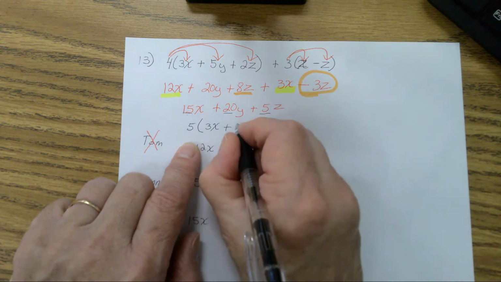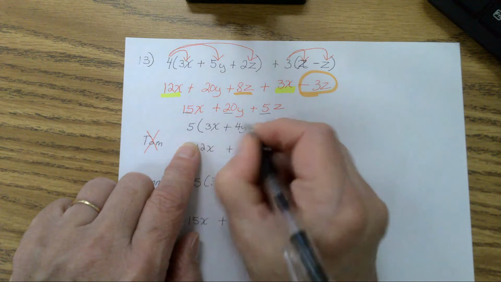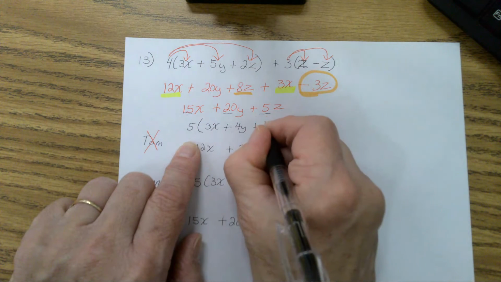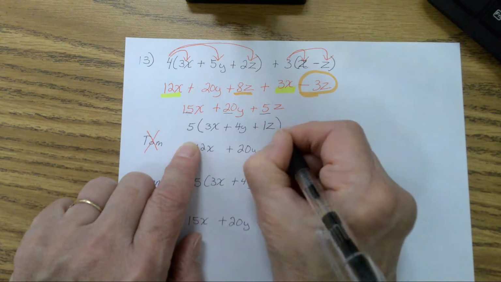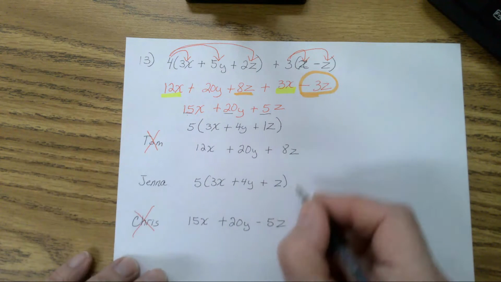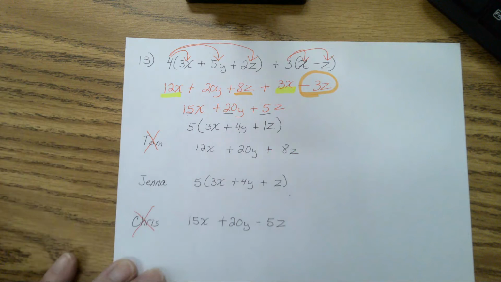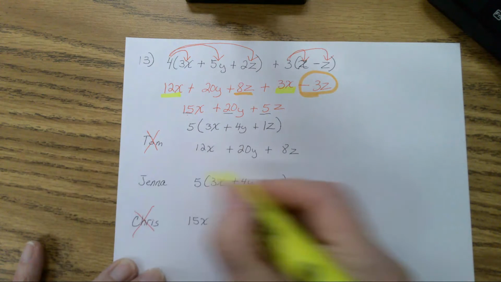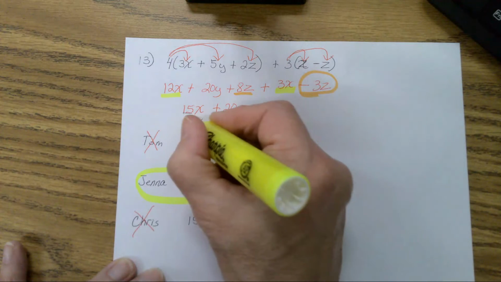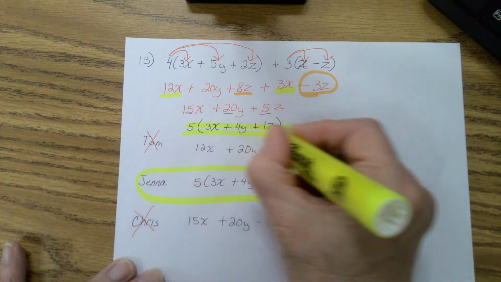Excellent. 5 times what is 5z? 1z or z. Remember, you can put a 1 in front of the z. It's still the same thing as just a z. So this matches this. So the answer is Jenna. So go to number 13 and make sure you include Jenna.